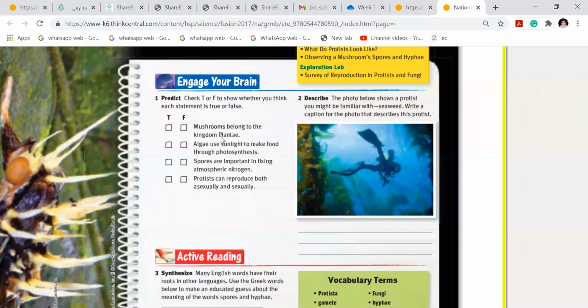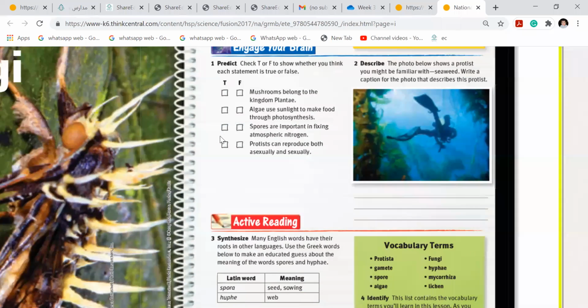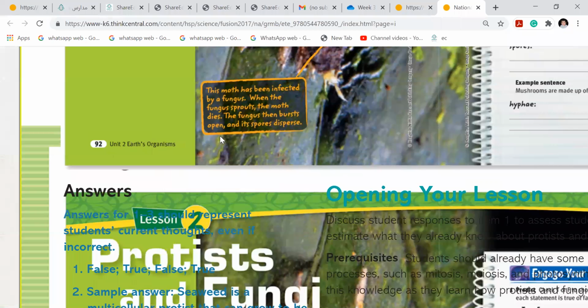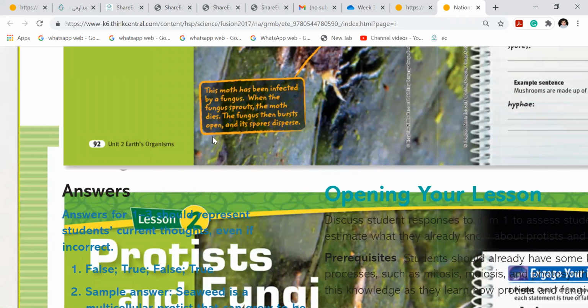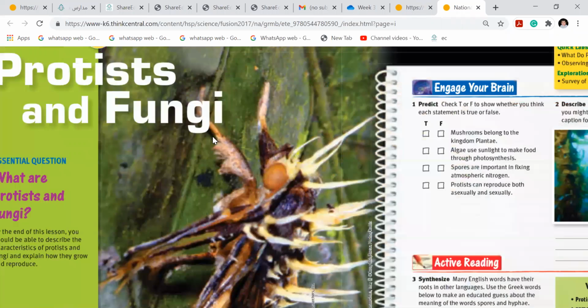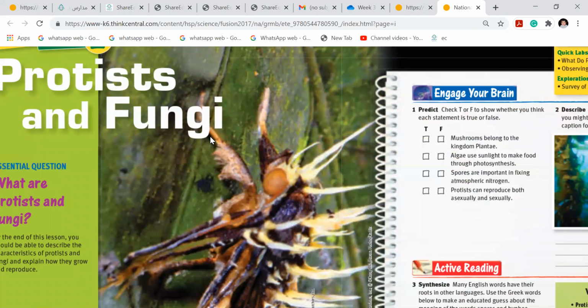Now, algae use sunlight to make food through photosynthesis. Girls, do algae make food through photosynthesis? Yes, algae also use sunlight to make food through photosynthesis.